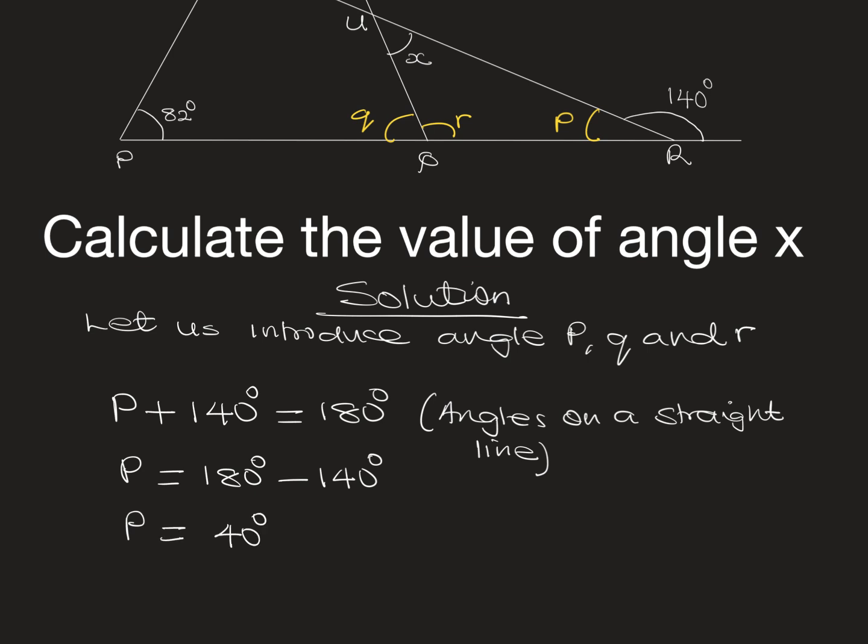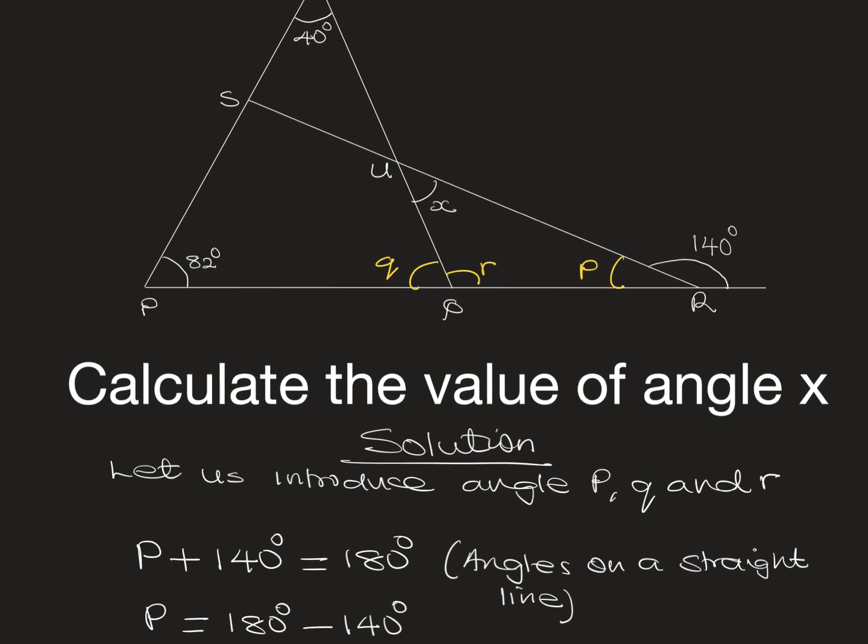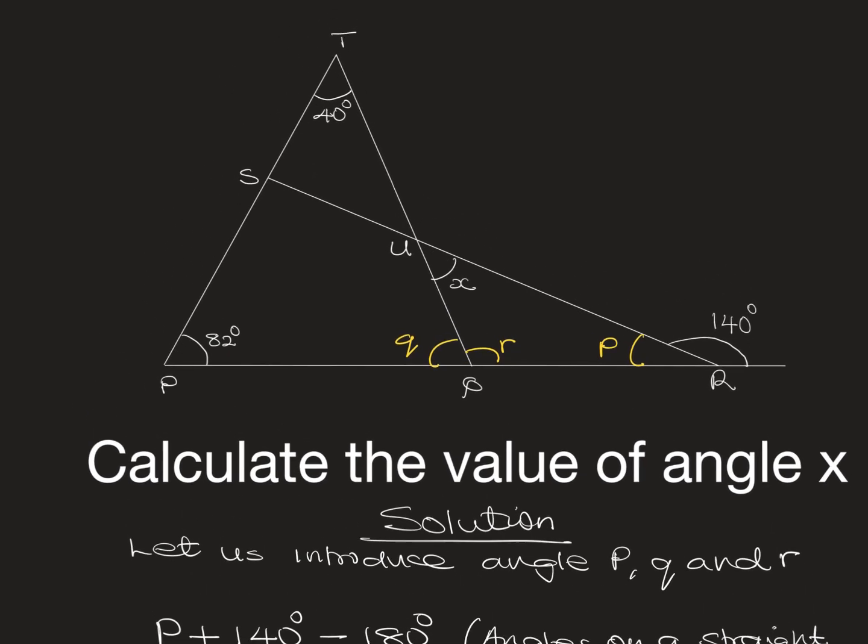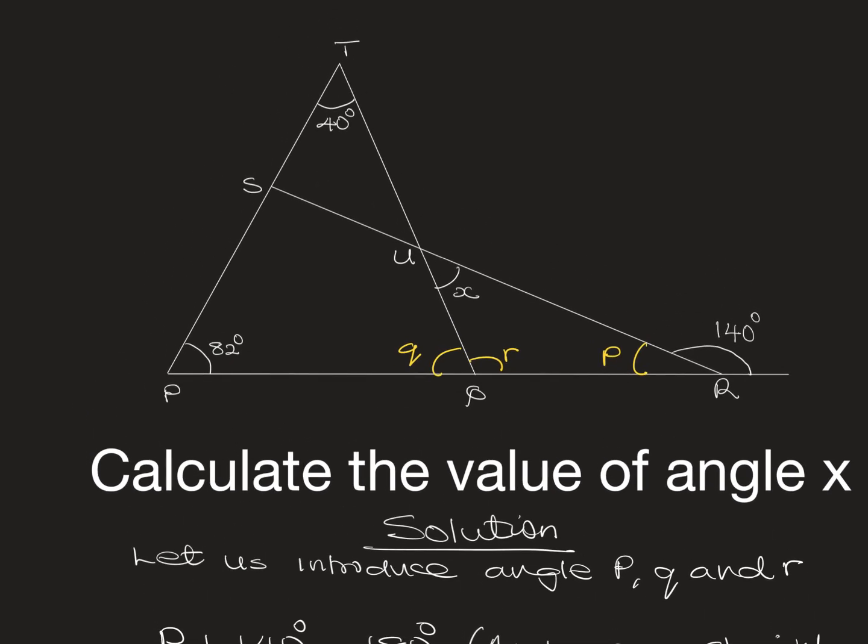Now, if that is P, how can we find angle Q? If we consider this triangle PQT, we can find angle Q, right?